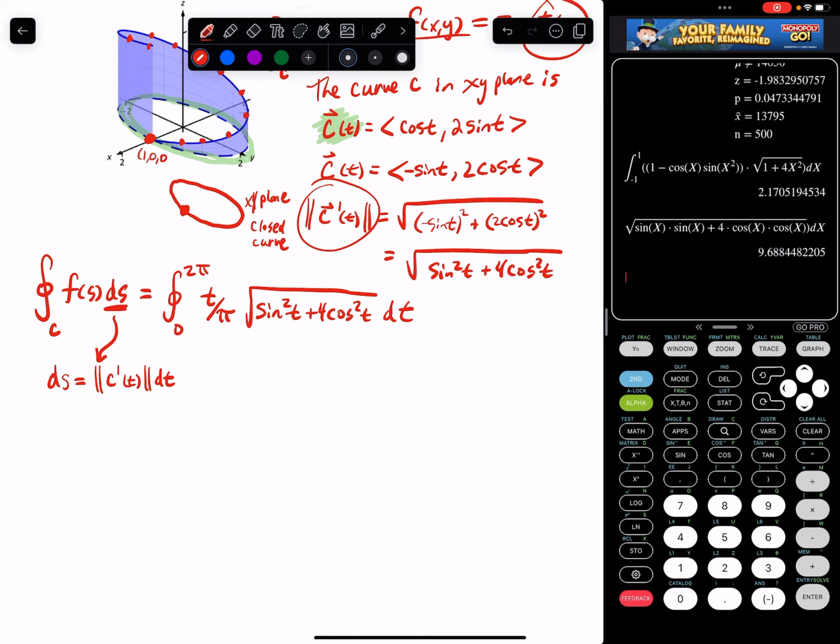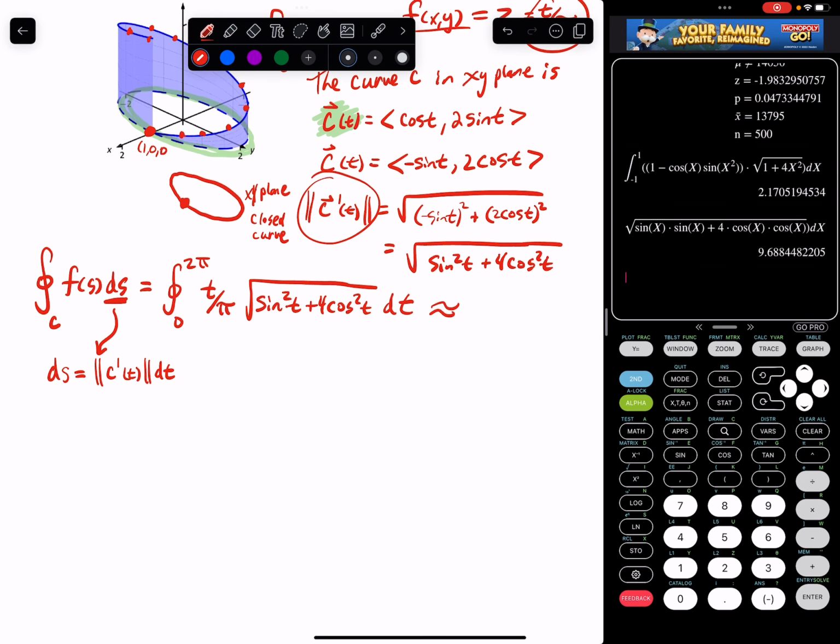Then I'm going to integrate, and if I did it right, I got 9.6884.